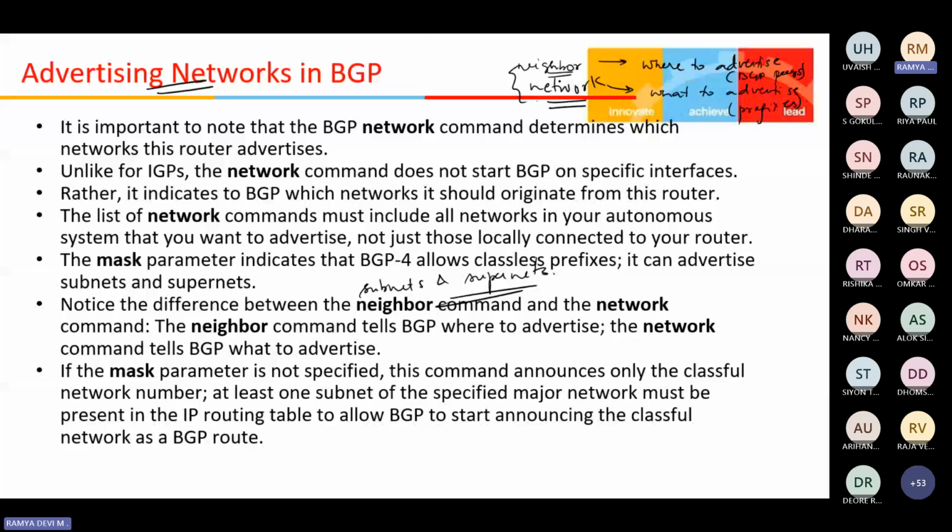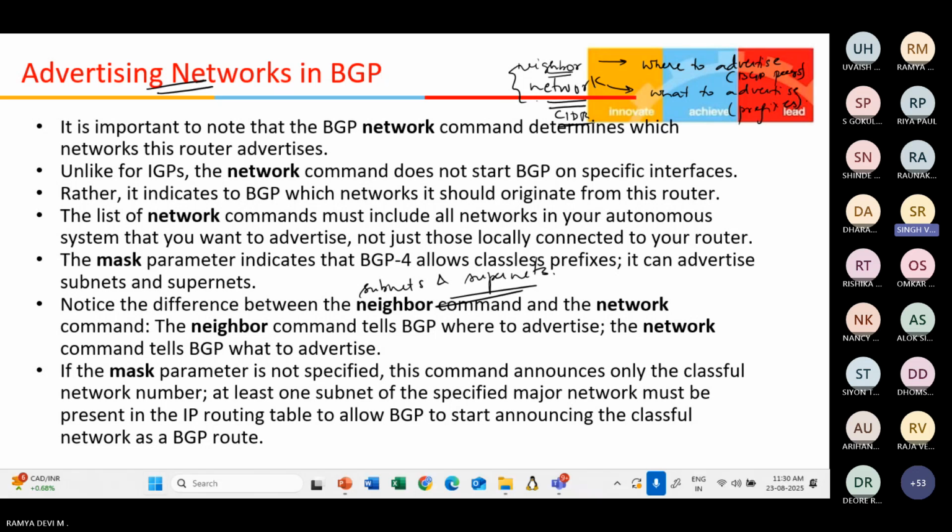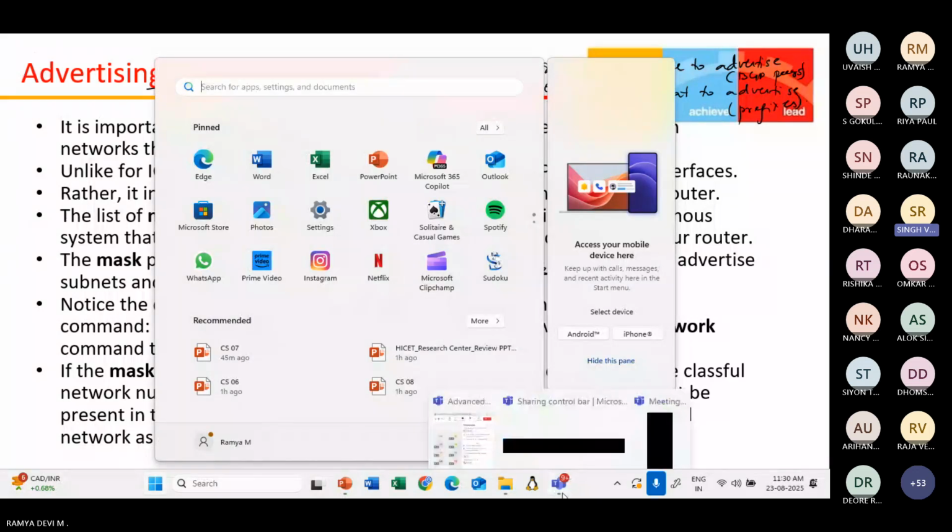The network command will have a mask option, so it can even use CIDR. What is CIDR? You would have studied it in computer networks itself. It is classless inter-domain routing.